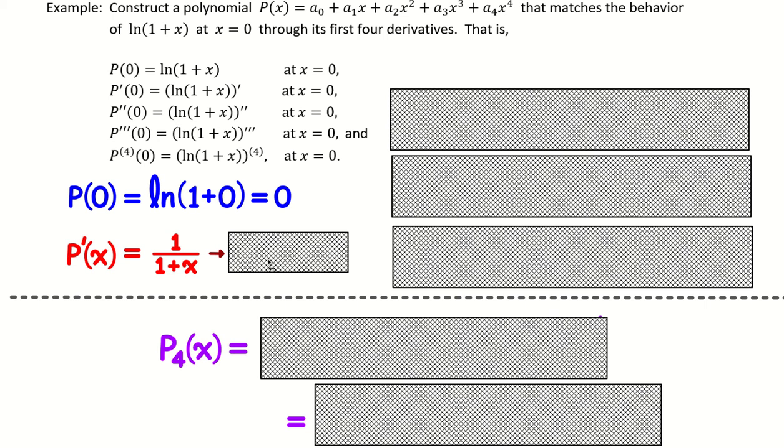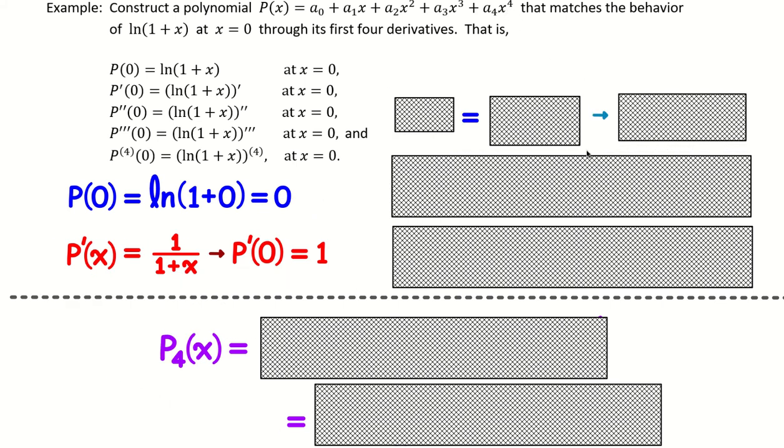And when we plug in 0 to that, we get 1. So far we know that p of 0 equals 0 and p prime of 0 equals 1. But we have to go all the way to the fourth degree, the fourth power. And so for the second derivative, now we have to take the derivative of that.